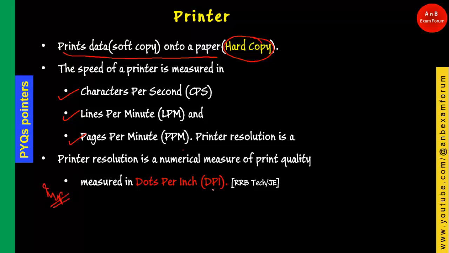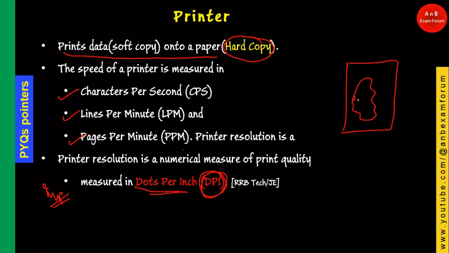And just remember a very important terminology, DPI. What is DPI? Dots per inch. Whenever you are printing any paper, the print is measured with the help of DPI. So how many dots are there per inch? For example, this is your paper and you have some image on it. In one inch, how many dots are there?